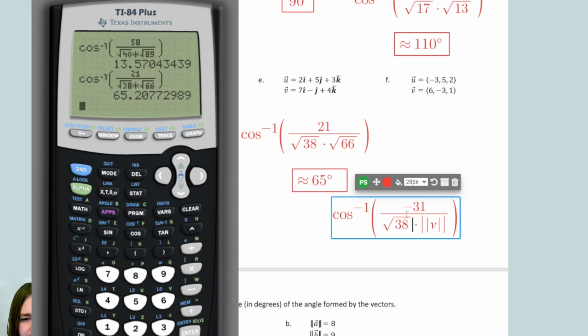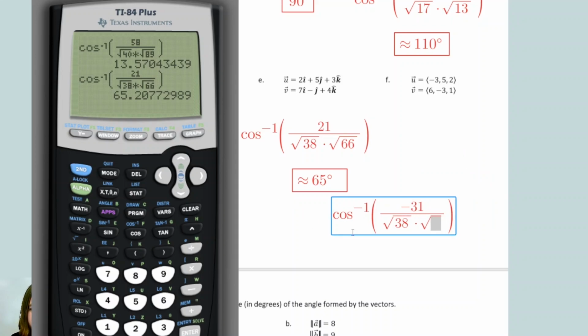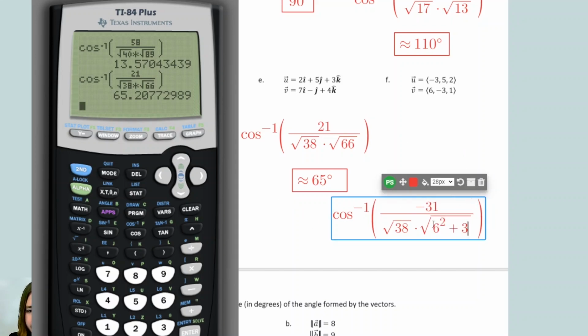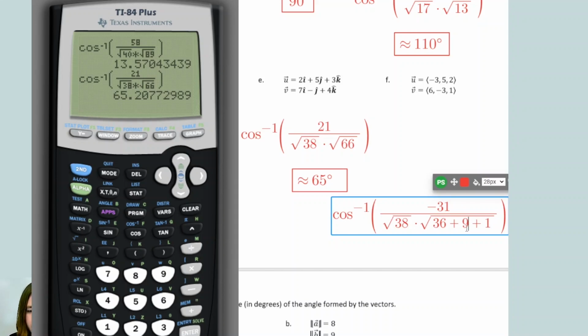Is that the same? Okay, yeah, all the numbers are the same here as in E, but just rearranged. I don't think we'll be as lucky with v. So v is going to be the square root of 6 squared plus 3 squared plus 1 squared. So 6 squared is 36, 3 squared is 9, 1 squared is 1. 36 plus 9 is going to be 45, and then plus 1 would be 46.